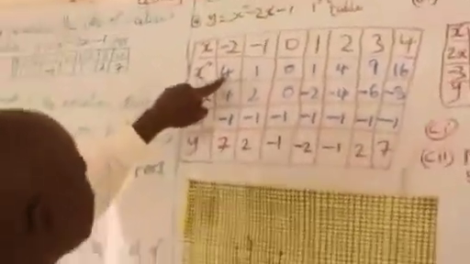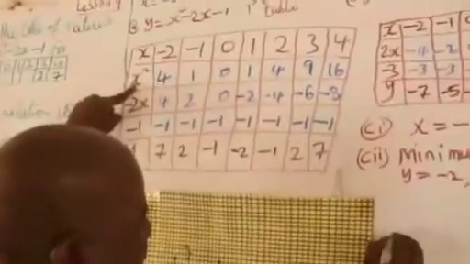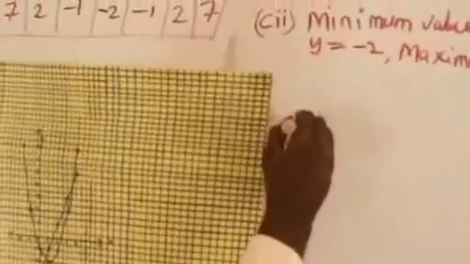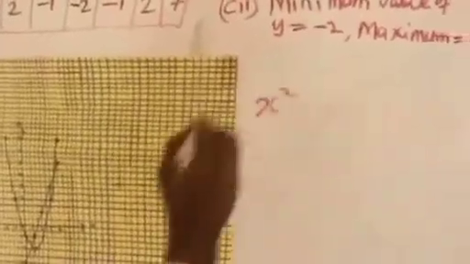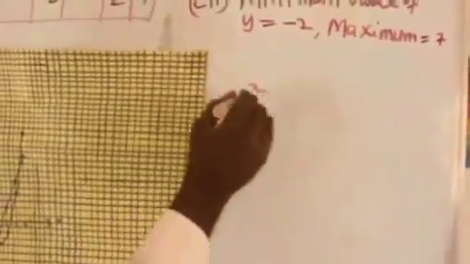How to get this 4? You pick this x squared and write x squared. If you have x squared, you write this -2 in place of x here, and then see what you're going to get.